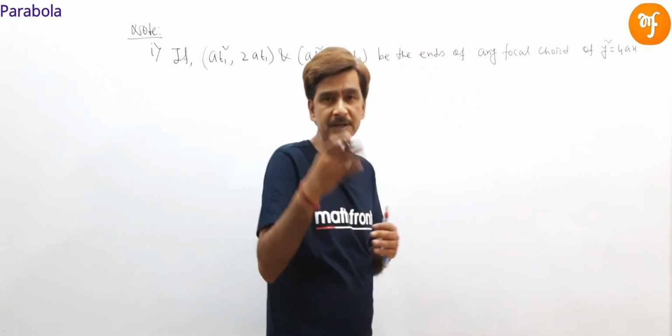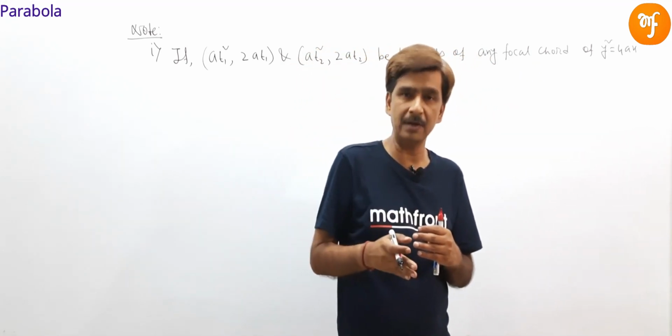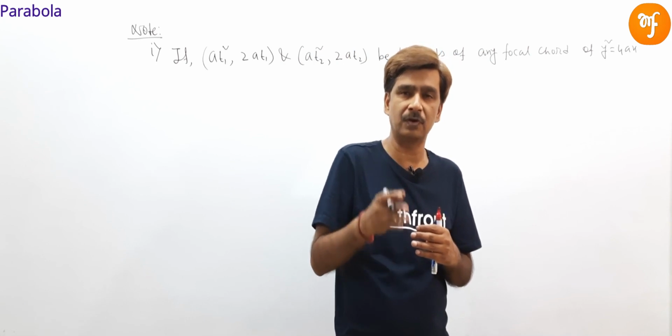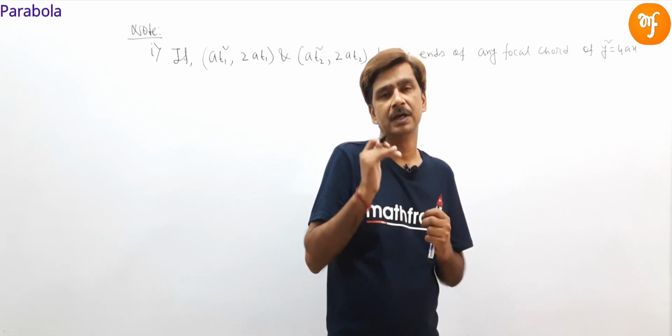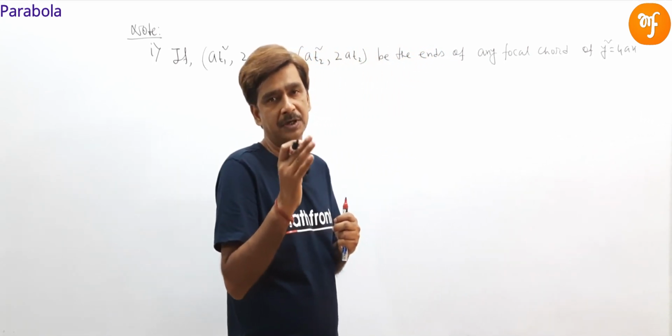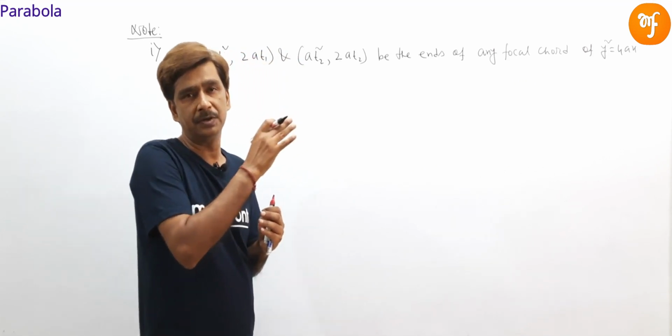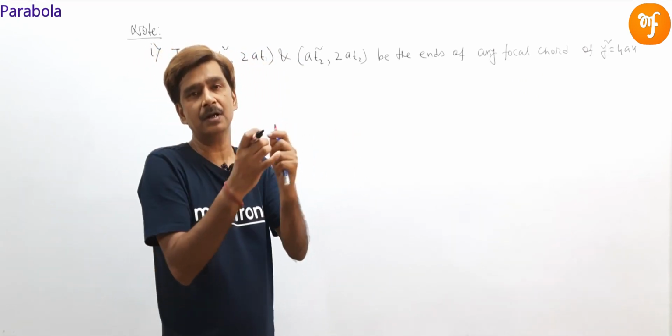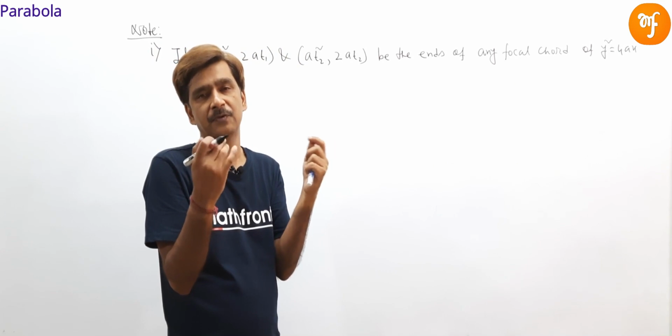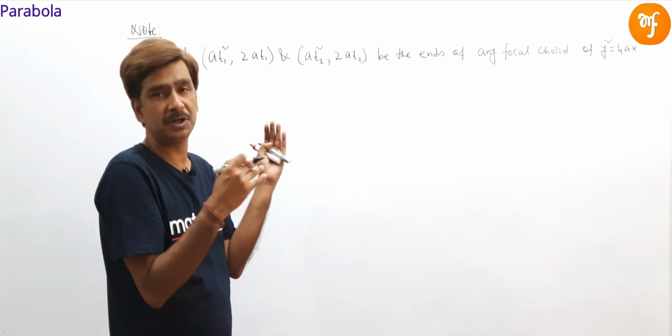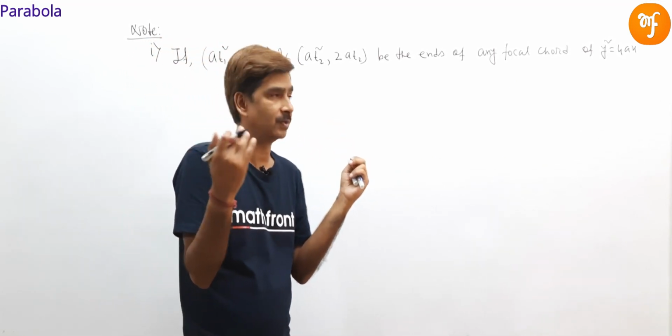Any focal chord means the chord passing through the focus of the parabola, known as focal chord, you know very well. So if (at1², 2at1) and (at2², 2at2) be the terminal points or ends of any focal chord, then the relation between t1 and t2 becomes -1.